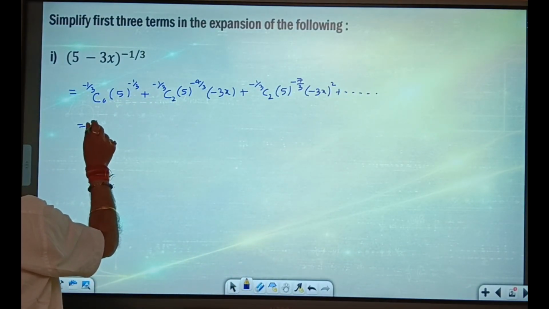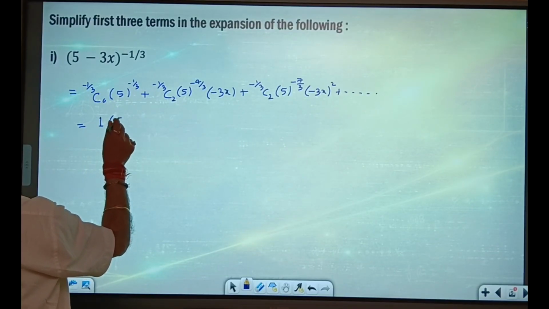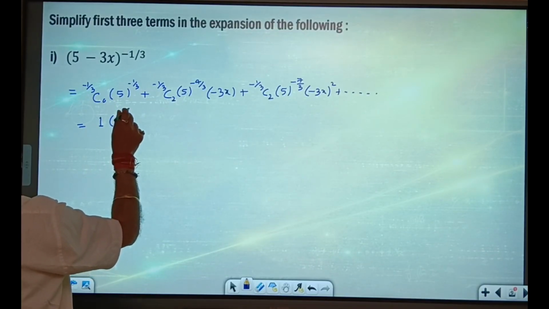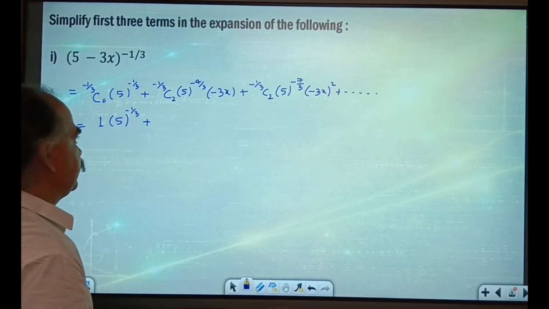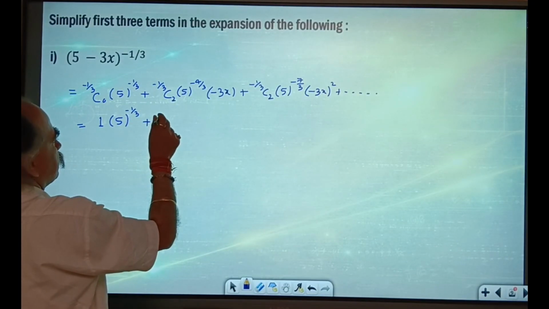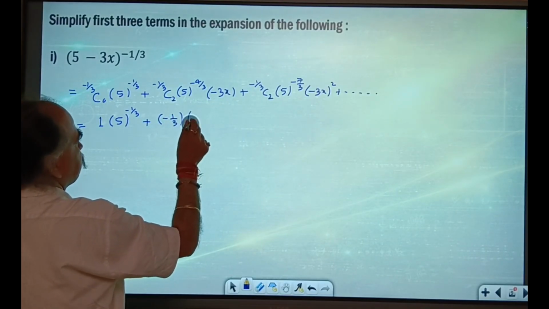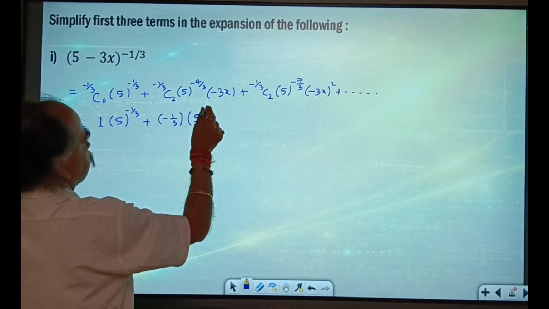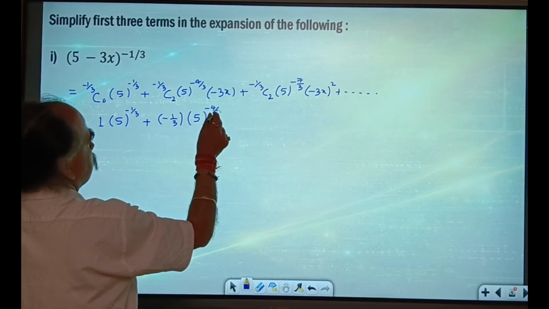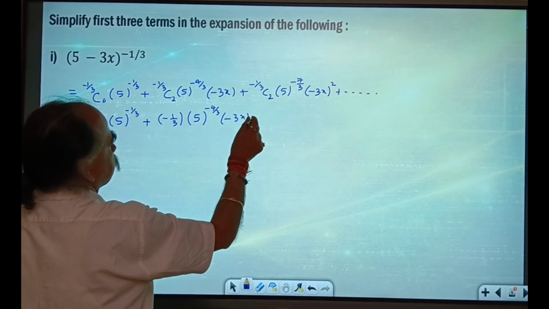Any number C0 is what? 1, into 5 is to minus 1 by 3. Any number C1 is what? Same number, 5 is to minus 4 by 3, into minus 3x.